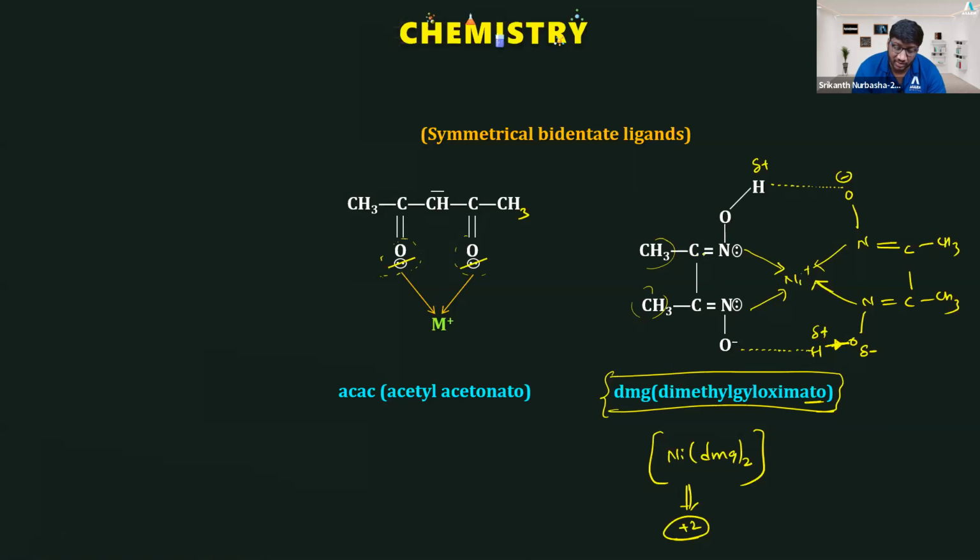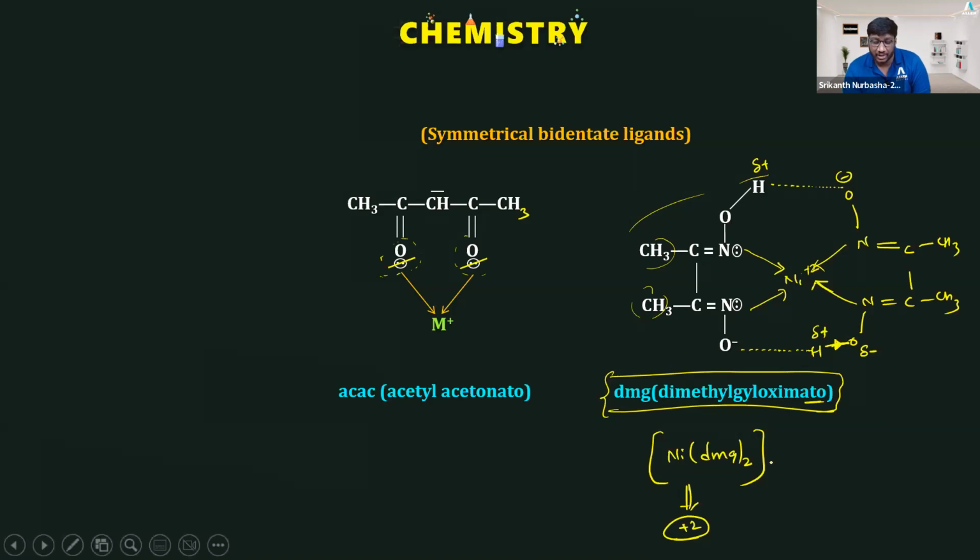Like this: CH3, C double bond N OH, carbon-carbon single bond, CH3, C double bond N O minus. So in one molecule of dimethylglyoximato you have only one oxygen with a negative charge. All other atoms are neutral. Similarly, the other DMG also has only one oxygen with a negative charge. So nickel should be in the +2 state to neutralize that 2 minus charge.